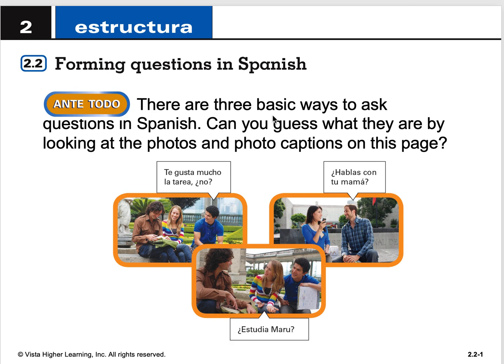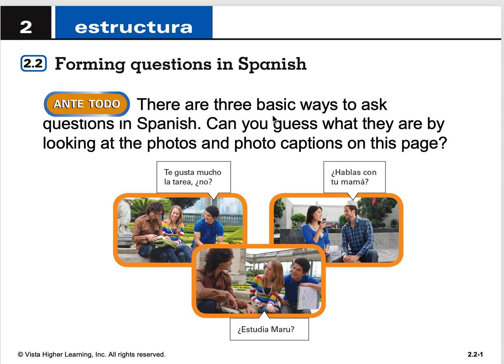¿Te gustó mucho la tarea? No. Think about that as kind of a last-minute request for verification. In English, people might say, at the end of a sentence, "right?" You don't like that, right? That's the indication here. Hablas con tu mamá is pretty clear.